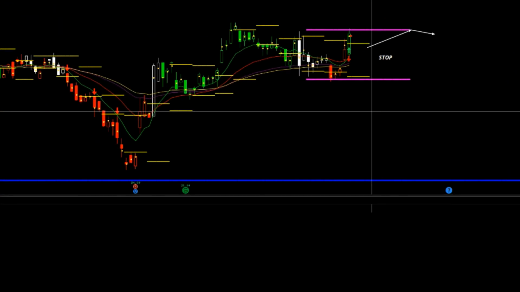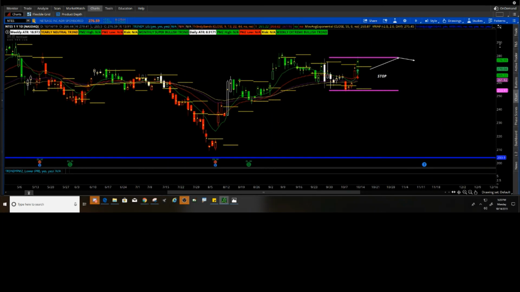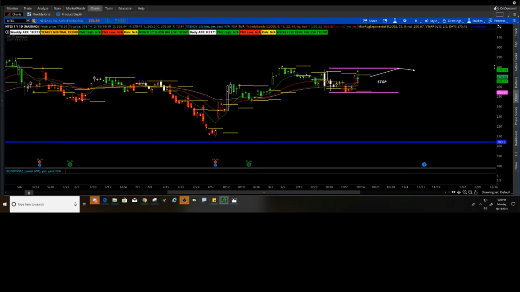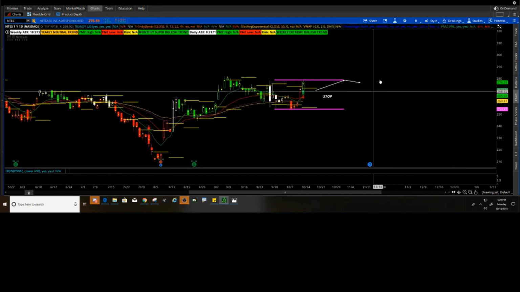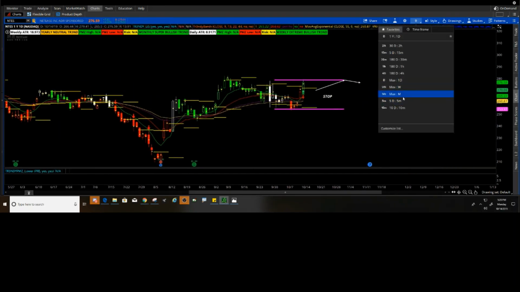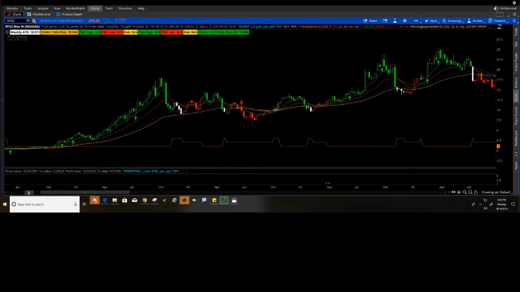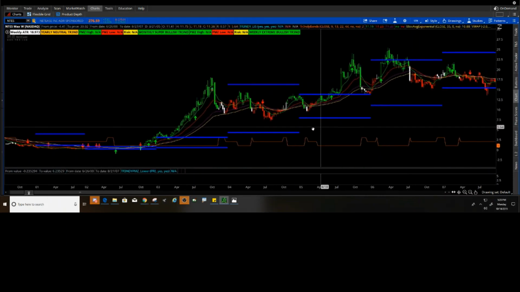So these here, this box right here, these two pink are the current MEs. These yellow lines here are the current WEs, and the blue are the current YEs, or yearly edges. You can always go back and we can look to see how price reacts off of the yearlies.